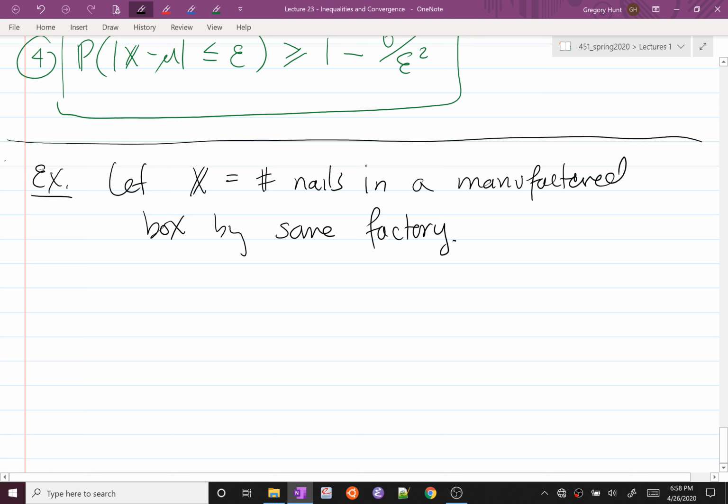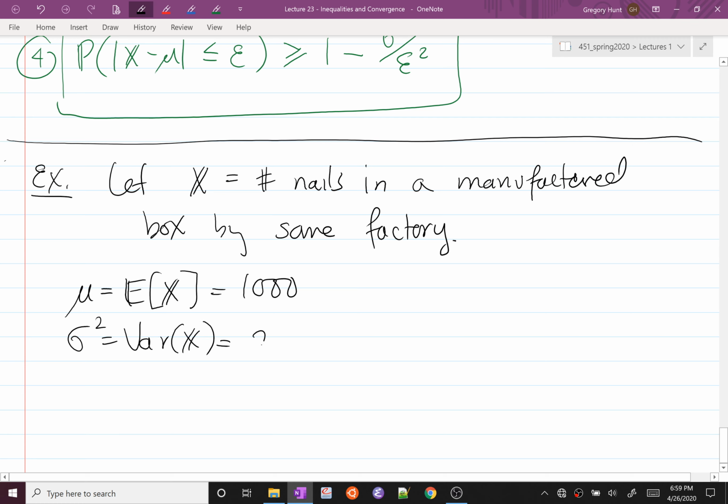I don't know pretty much anything about the distribution of these nails, but I do know that mu, the expected number of nails in a box, is 1,000, and the variance, sigma squared, is 25.